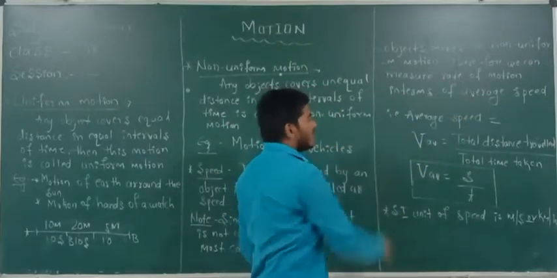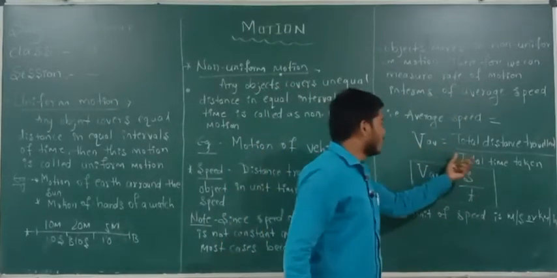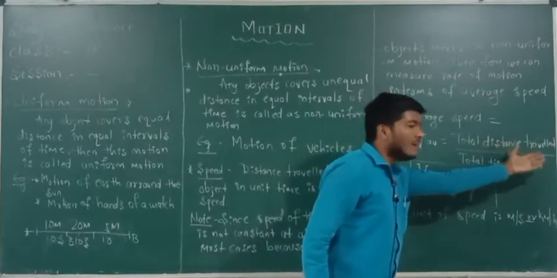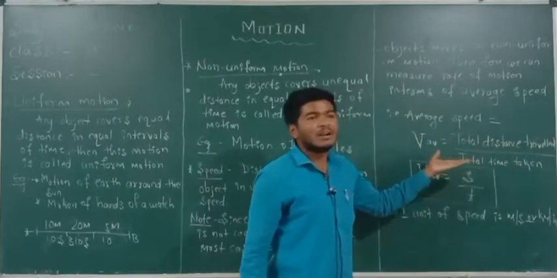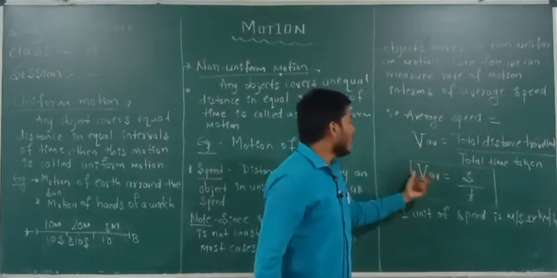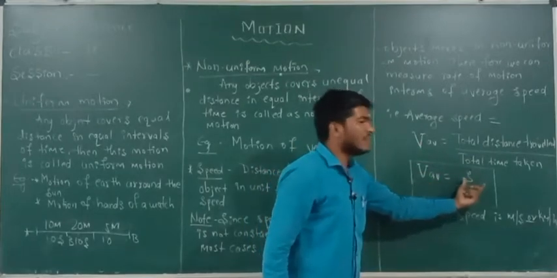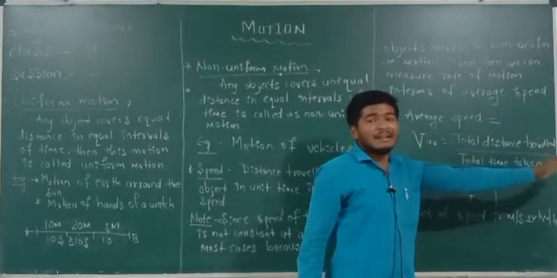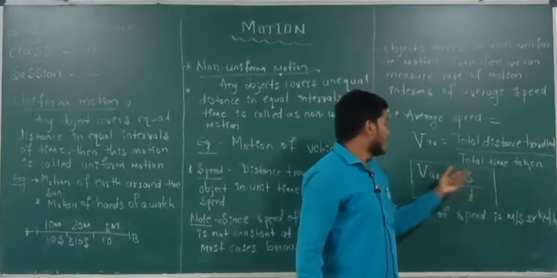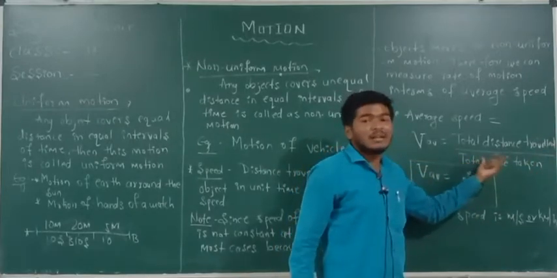Average speed of the object is V average equal to total distance traveled by an object divided by total time taken. That is, V average is equal to S divided by T, where S represents the total distance traveled by an object and T represents total time taken.